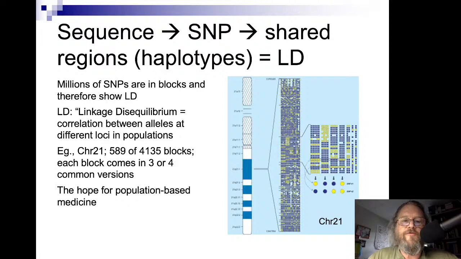These form what are called blocks or haplogroups. The idea is that they show what's called linkage disequilibrium, which is a fancy way of saying there's a correlation between the alleles at different loci in populations. Okay.